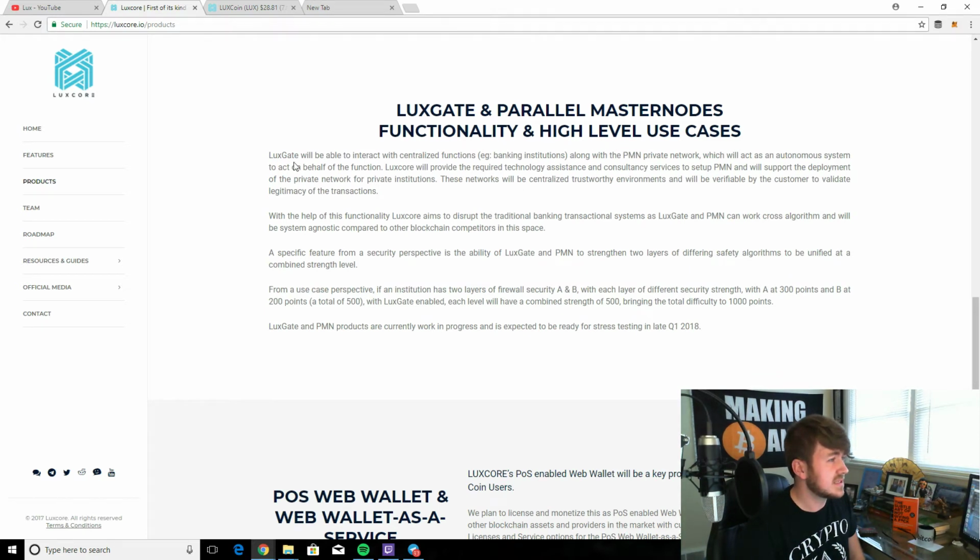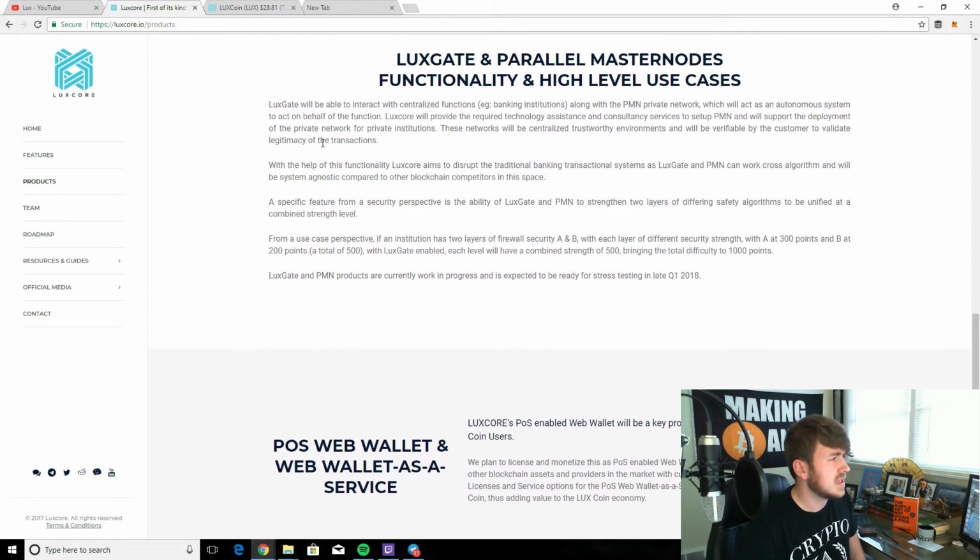High level use cases. Okay. What will we do this to? LuxGate will be able to interact with centralized functions, banking institutions. Oh no, centralized. I hate that word. No, they're centralized. Along with the PMN private network, which will act as an autonomous system to act on behalf of the function.